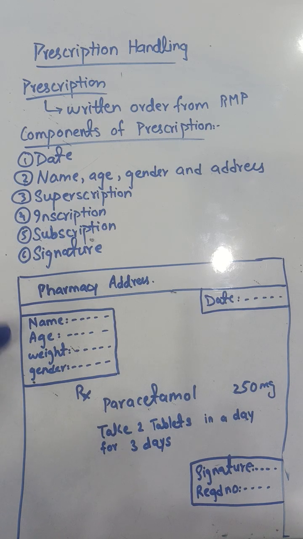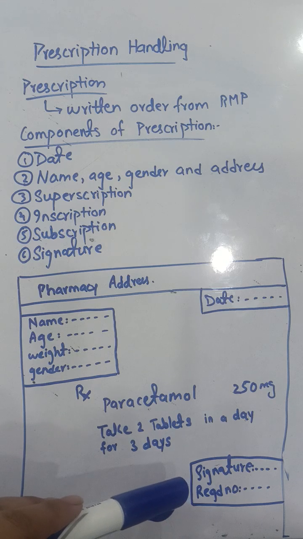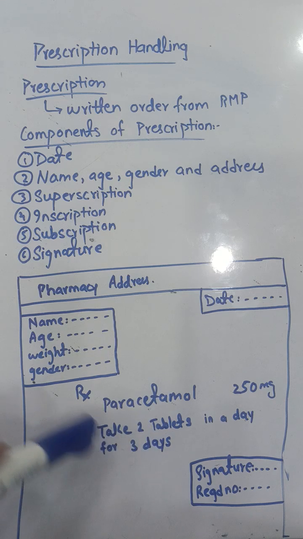So this is a prescription in which the detail about the patient and the date is given, and on the header of the prescription, the pharmacy or the doctor's clinic or the hospital name, all the necessary information, is given. Here I write the pharmacy address. The next thing is the detail about the drug and its uses, and at the last, a signature and the registration number are given here.